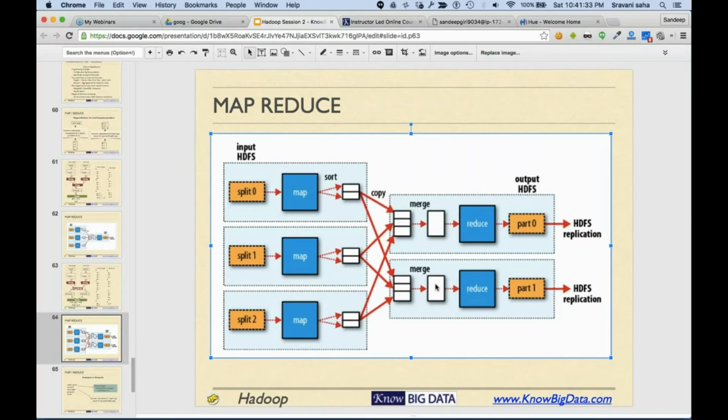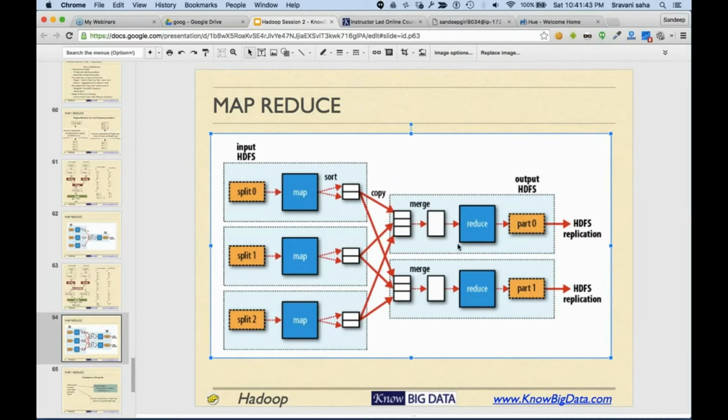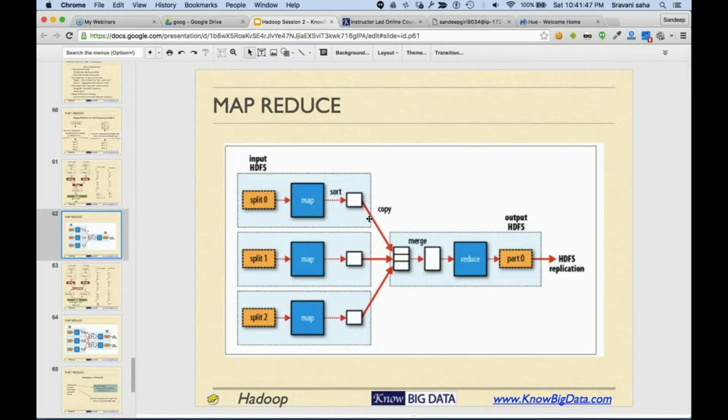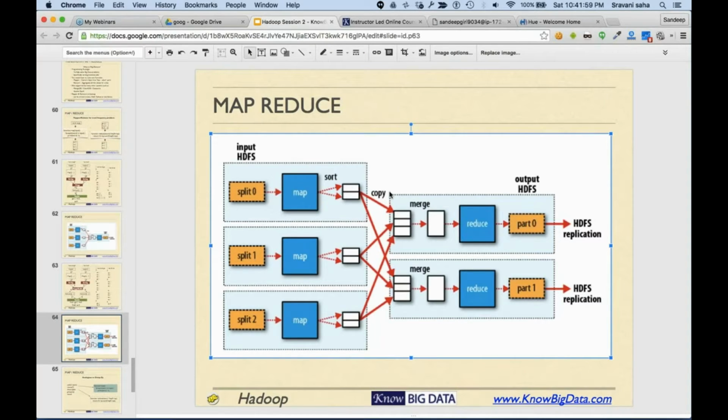Okay, so right now what you see here is that there is more data transport involved in the case of more reducers. Earlier there was one reducer, so there were only three transports happening. Now there are two reducers, that means there will be six transports, because the data from each of the mapper nodes will go to both the reducers.